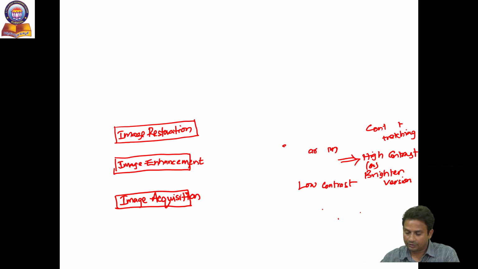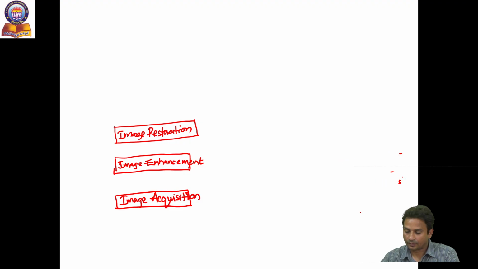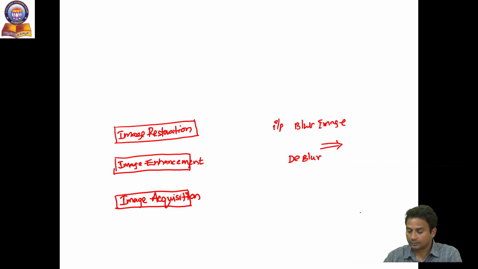Whereas image restoration is also used to improve the appearance of the image. For example, the input image is a blurred image. We apply some kind of restoration procedure like deblurring filters and produce a sharp image.